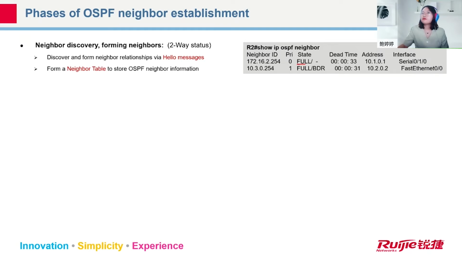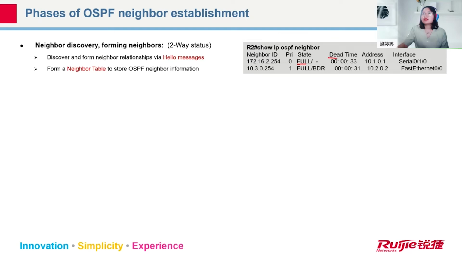If the status is full, that means we have the adjacency relationship. We also see the neighbor role, DR, BDR, or DR other. This is a normal DR.